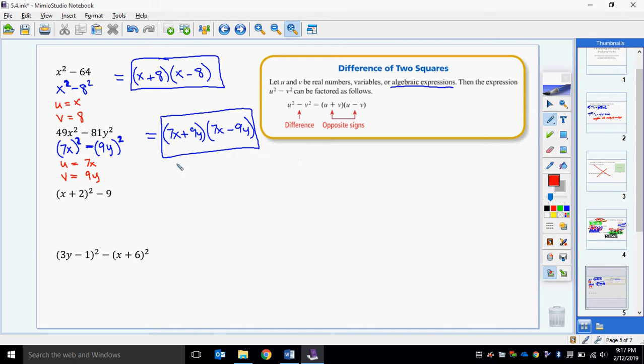So our answer would not have worked if we wrote this as 49x squared minus 81y squared, and you told me that the u value was x because x is being squared, and the v value is y because it's y being squared.